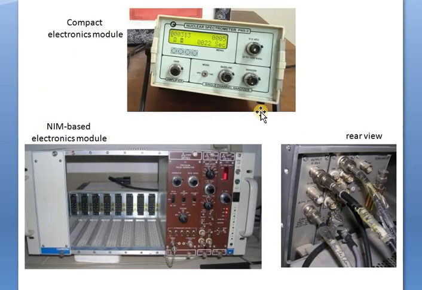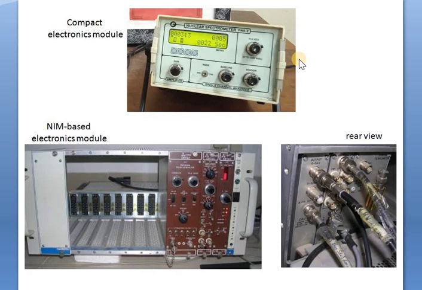Okay, now next, regarding the compact electronics module. I have shown you the various details, including how the knobs work. You see, this is for our very basic MSc experiment.